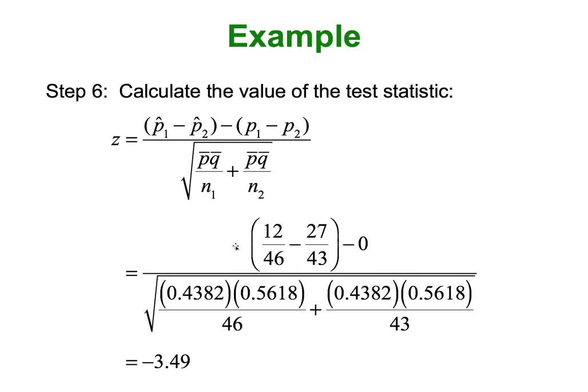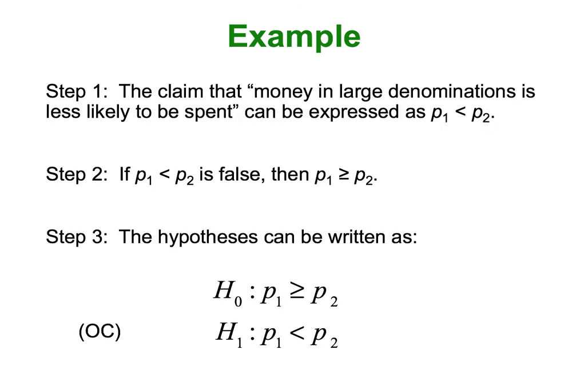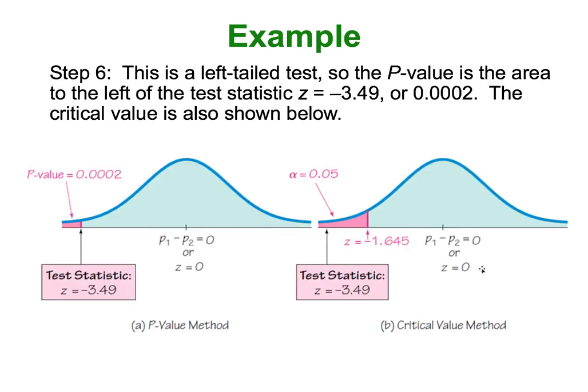Now I should add that had you reversed which one of these was proportion 2 and which was proportion 1, you would come up with a positive value, but then you would have stated both of these hypotheses differently. We would have had the arrow pointing in the opposite direction, and we would have had a right-tailed test.